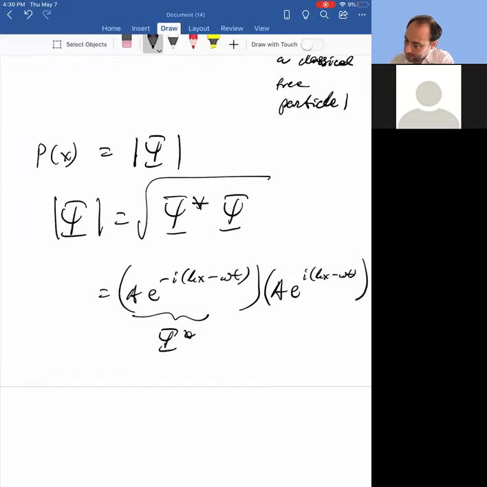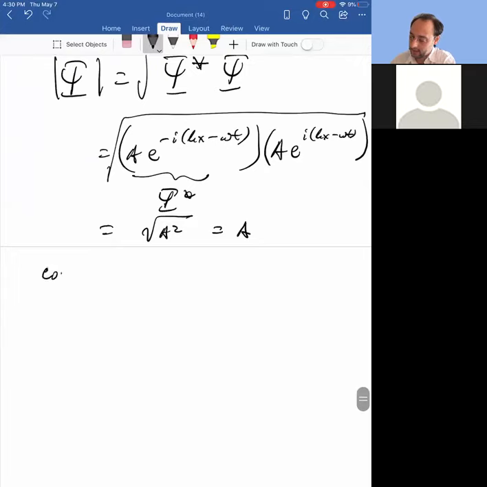You realize that these things cancel. That gives a squared, that's a constant probability distribution. And what that means is that if you make a measurement, you're equally likely to find the particle anywhere in space.